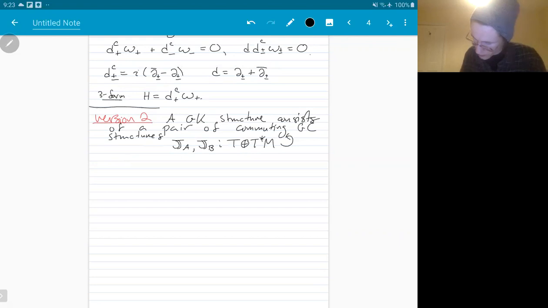So a generalized Kähler structure consists of a pair of these that commute, and such that if we take their product, we get a generalized metric. What that means is that if we use the natural inner product on T plus T star, and combine it with G, then this is positive definite.